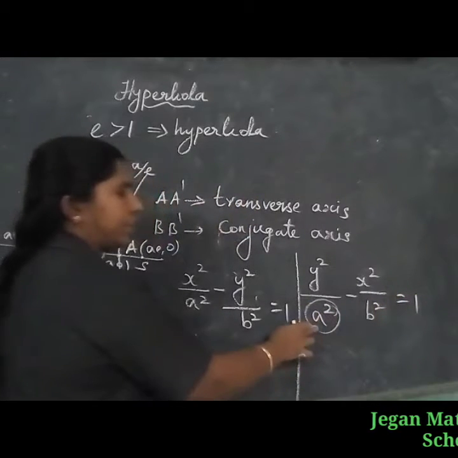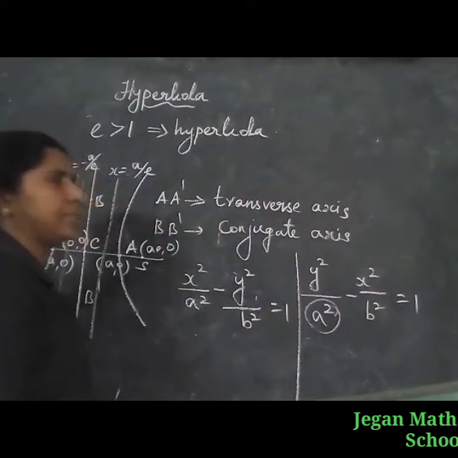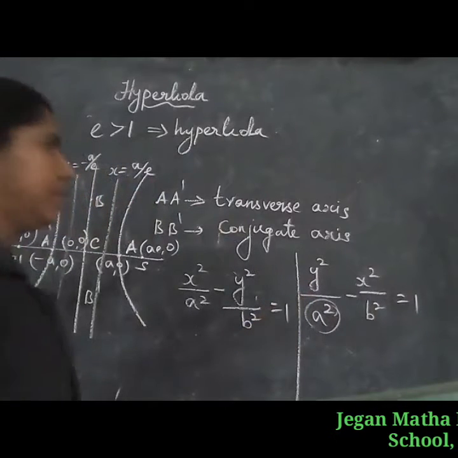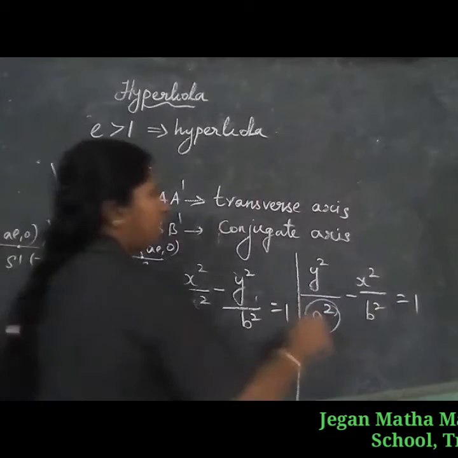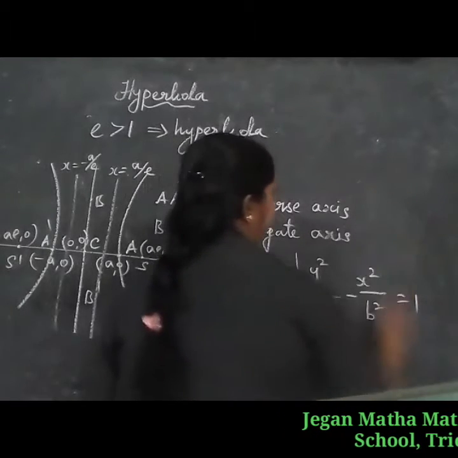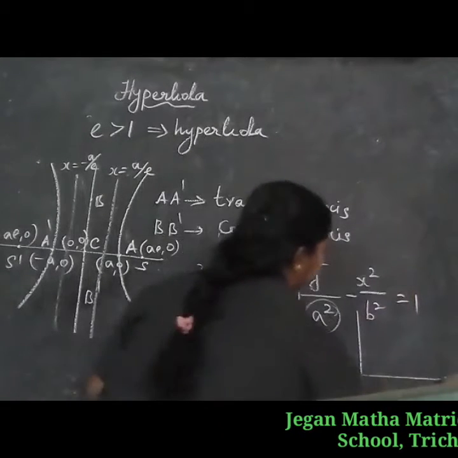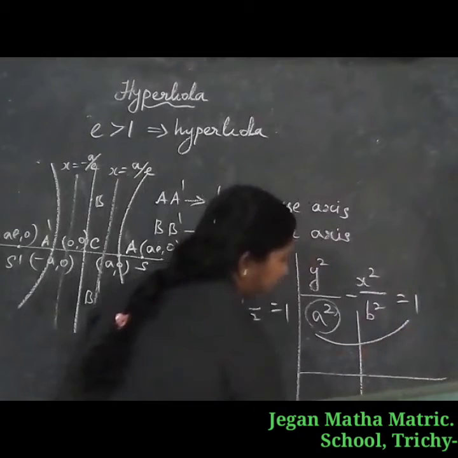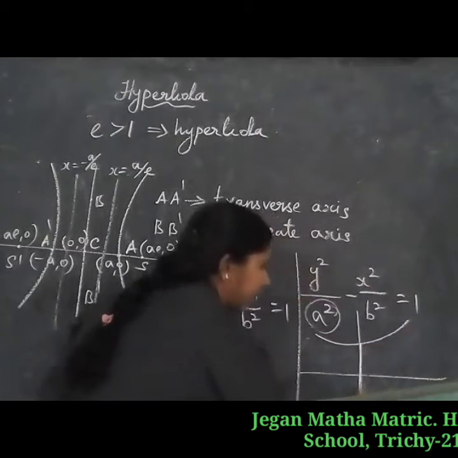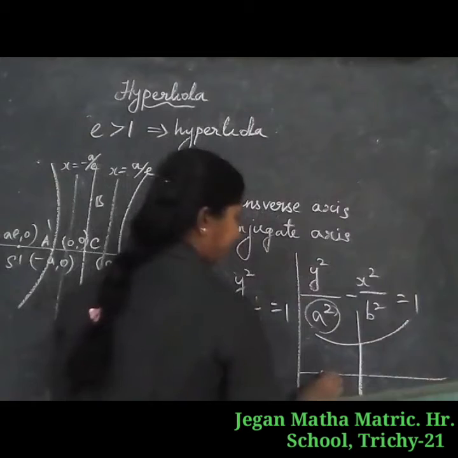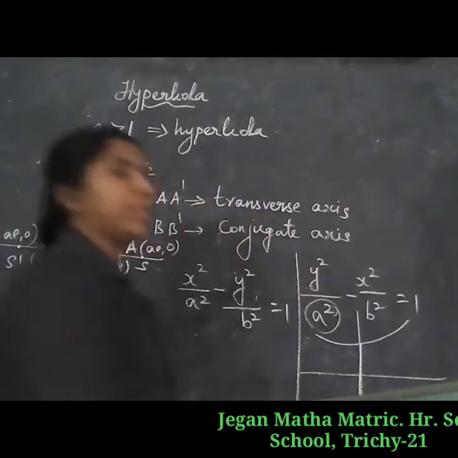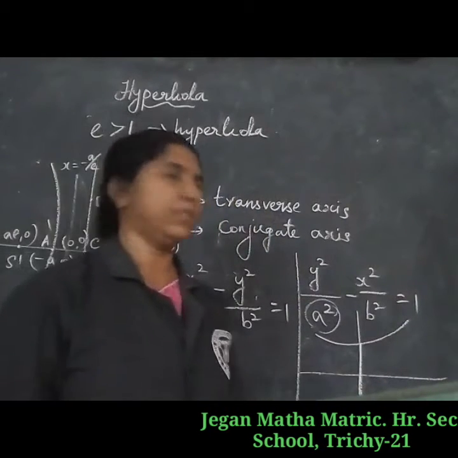Always this first term only you have to consider. Here the transverse axis is along the y-axis. If the transverse axis is along the y-axis, you will get the figure, the curve you have to draw like this. So this is the transverse axis, and the x-axis you have to consider as the conjugate axis.